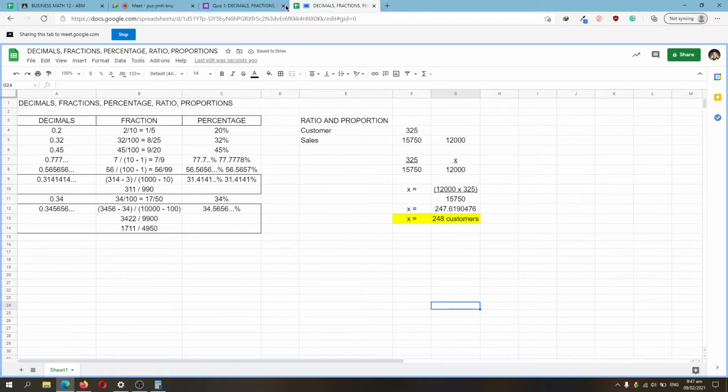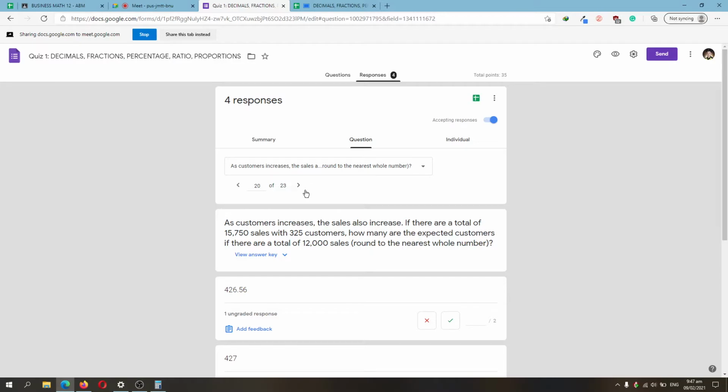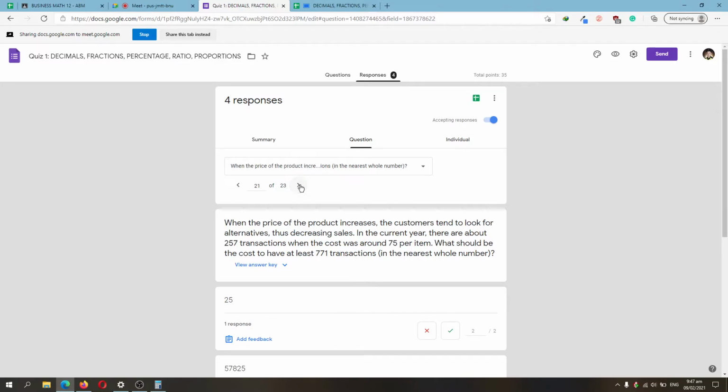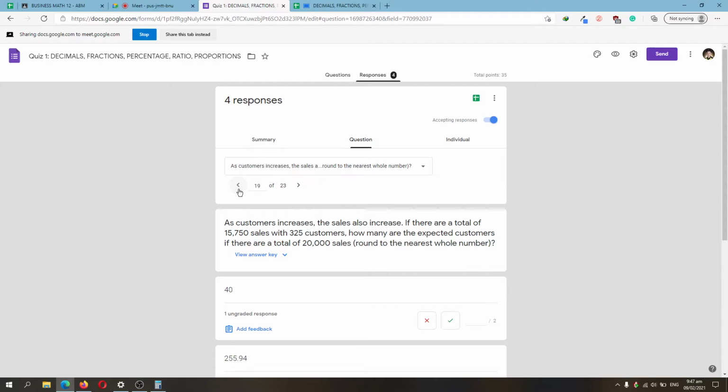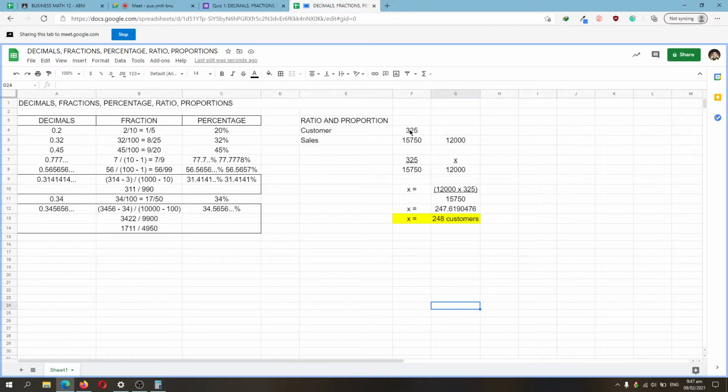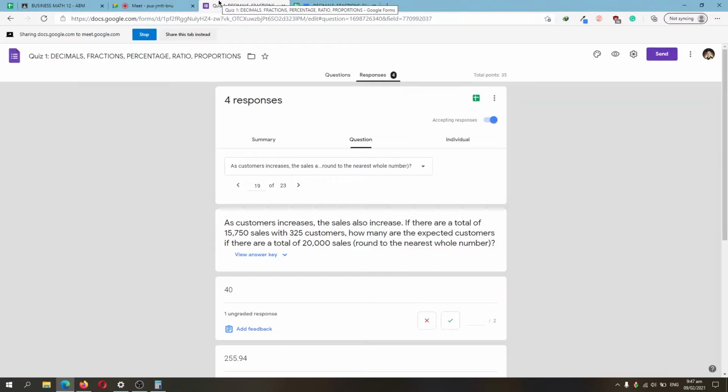So, what if yung hinanap naman sa atin, sabi niya, as customer increases, the sales also increases. So, if there are total of 15,000, again, parehas lang sila, no? 325, tsaka 15,750.